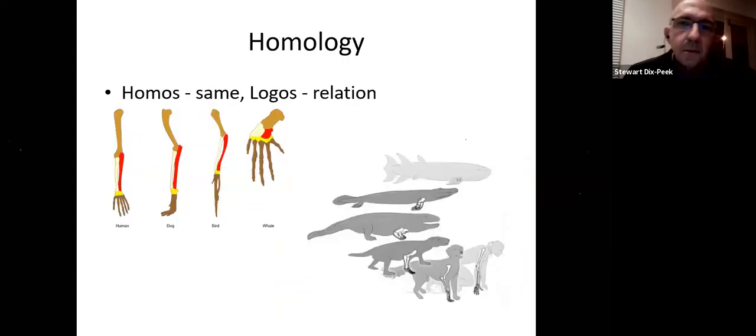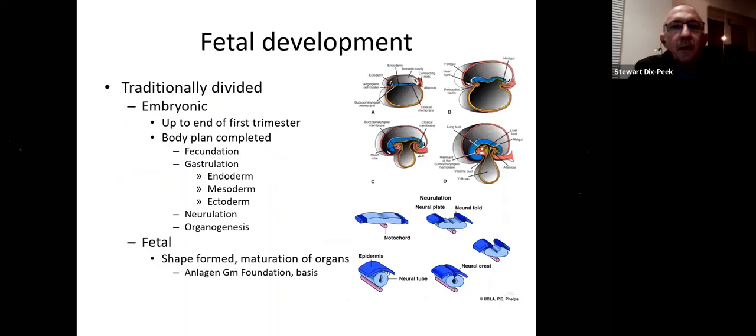Then there's a concept that within embryology there is homology among species, and so certain building blocks of limbs would be very similar between very different species, and we'll see that in more detail in a moment.